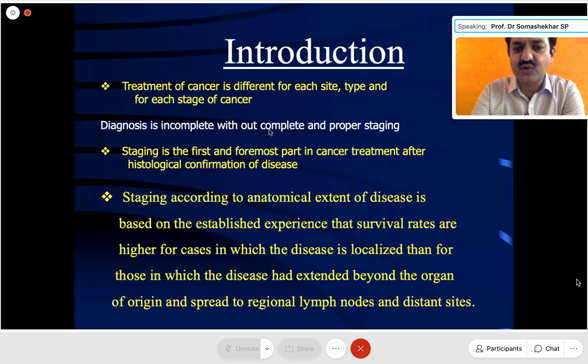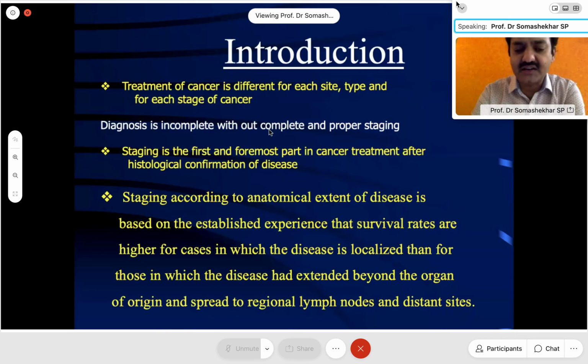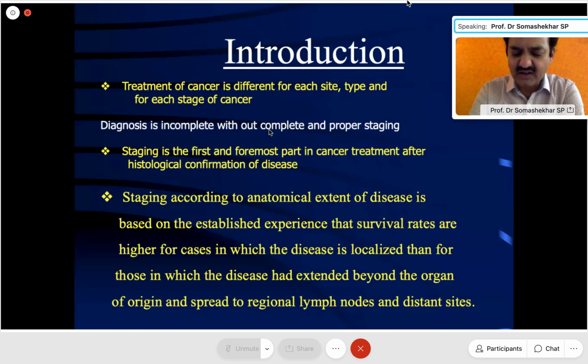Staging is the first and foremost part in the cancer treatment after you confirm histological. Remember, the term cancer, ICD, WHO staging, what you put is only after you histologically confirm.